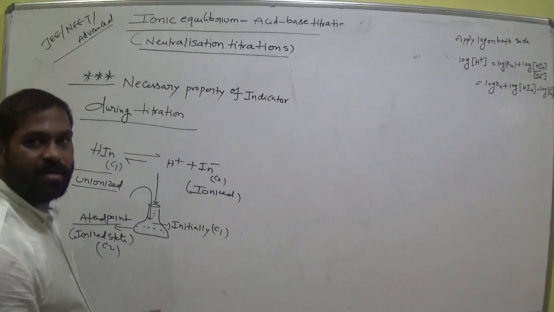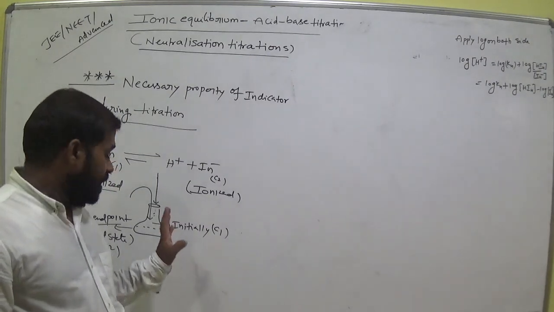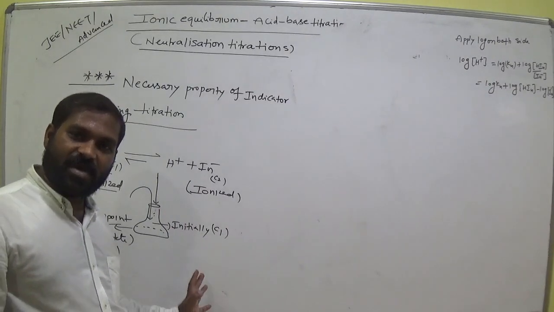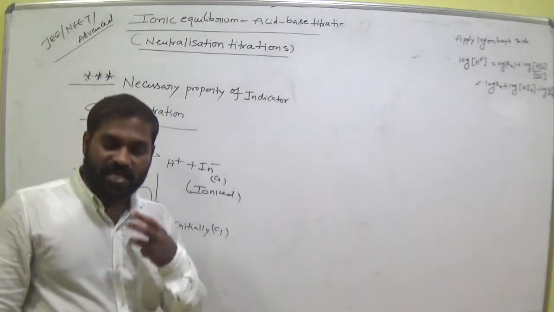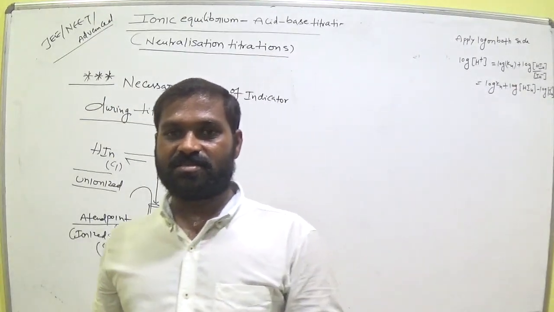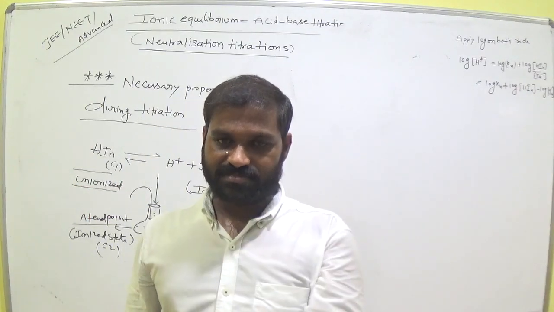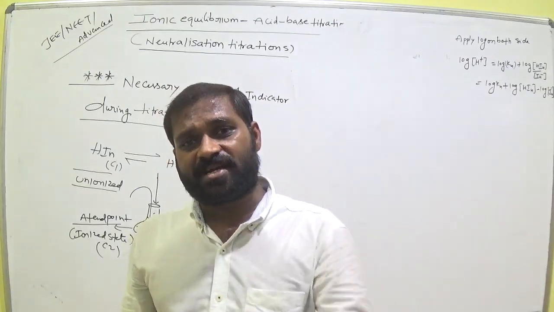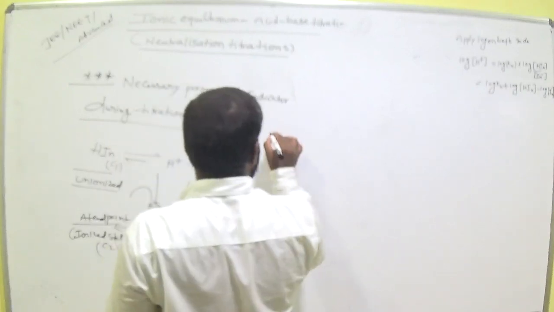It needs to change, and before that its color is C1 in the unionized form. Otherwise we can't identify the end point of the titration. Am I right? Before titration in the conical flask, it shows one color. During the titration, at the particular end point, it needs to change its color. That is the remarkable color difference we need.